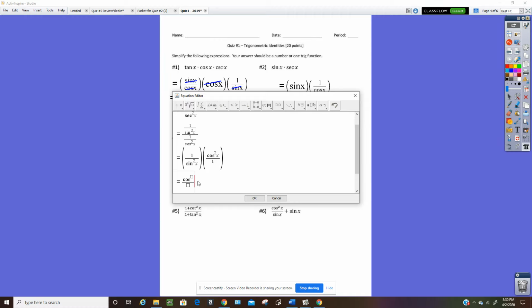So cosine squared over sine squared is just going to be cotangent squared.